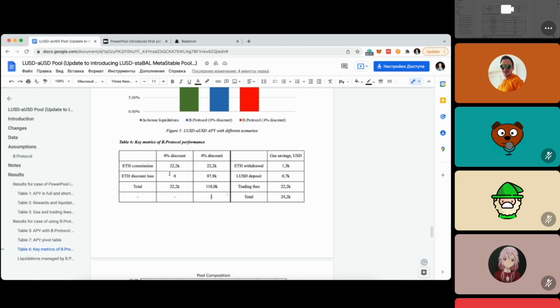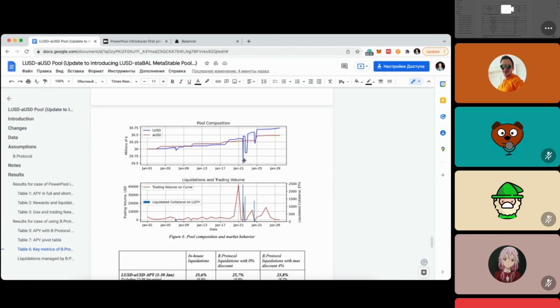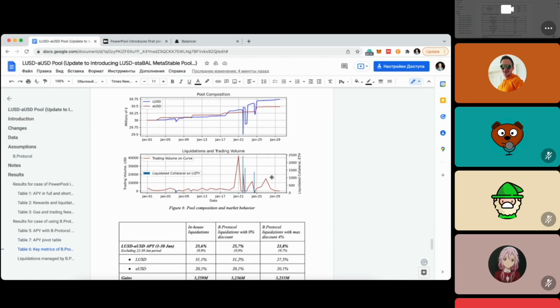I mean in USD. This is a pool composition, so we can see how much LUSD was burned in case of liquidations here. So it was quite big amounts, and this is liquidations and trading volume in the pool. This trading volume was hypothetical, based on our share in overall LUSD liquidity.